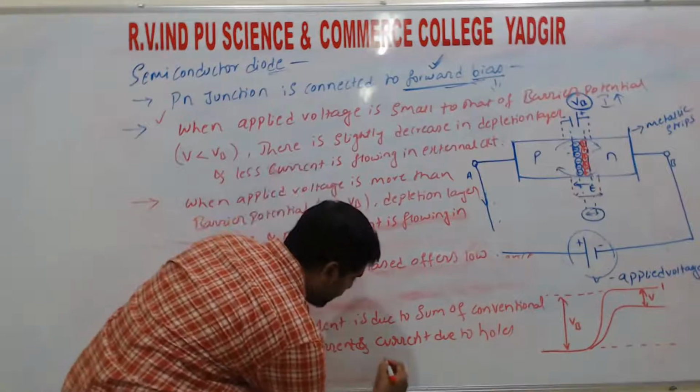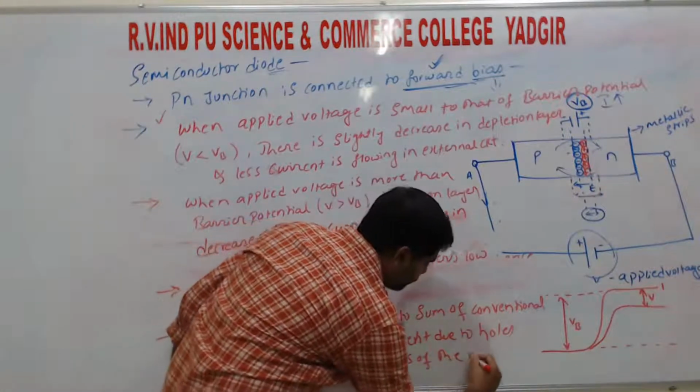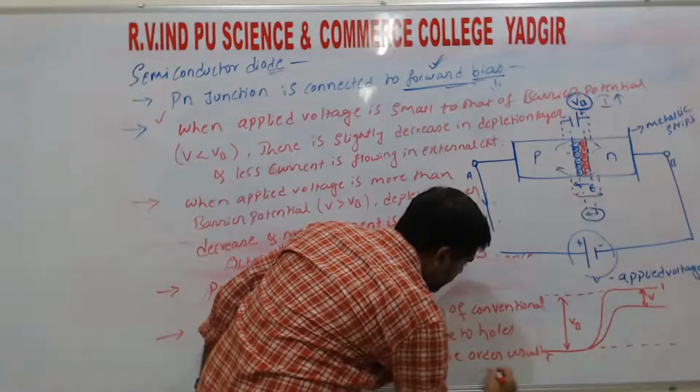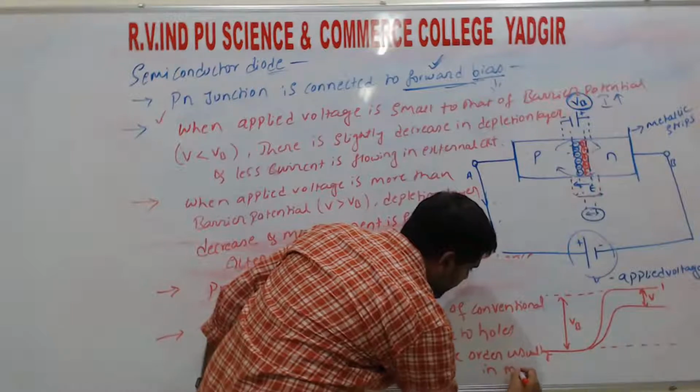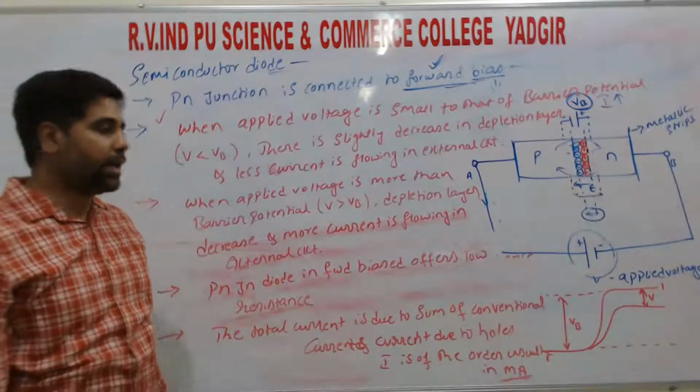So current is of the order usually in milliamperes, that is mA, that is usually in milliamperes.